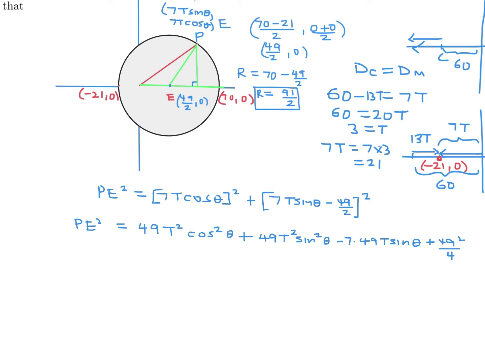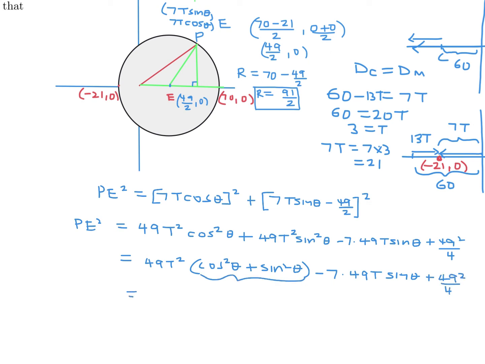All right, let's keep trying to simplify this. 49t squared times cos squared theta plus sine squared theta. I can factor that out. And then I think the rest, there's not much I can do at this point. Just leave it as it is. And then this, as you know, is equal to 1.